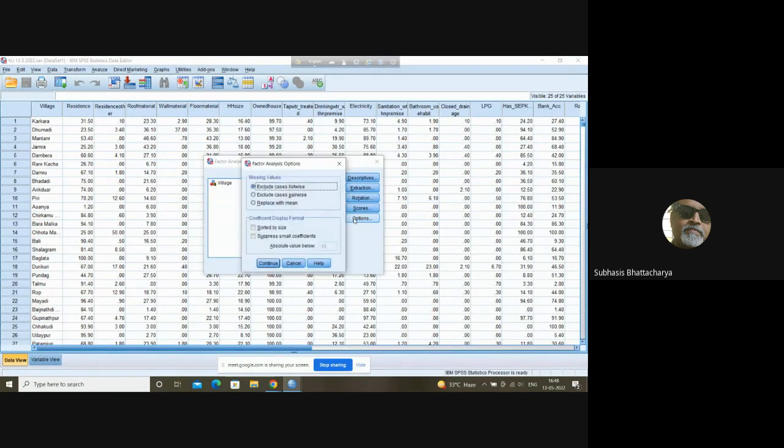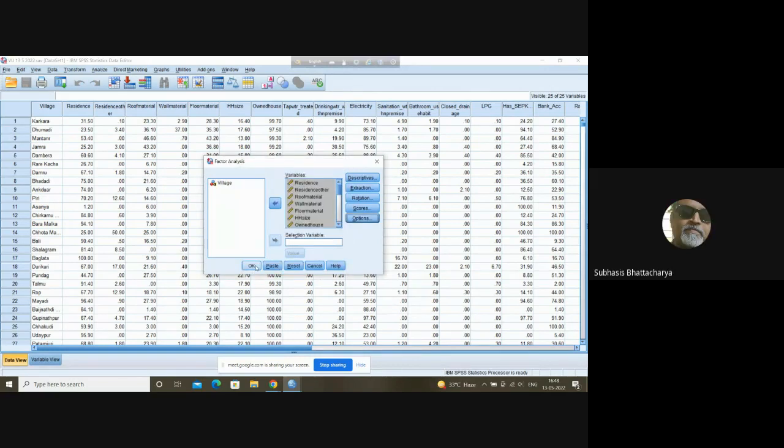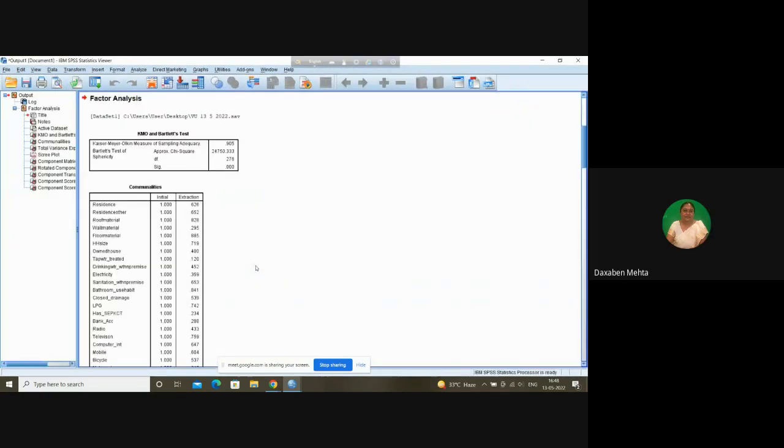Then we have the options: sorted by size and suppress small coefficients, that is 0.3. Continue, and it is okay. So the output is generated.